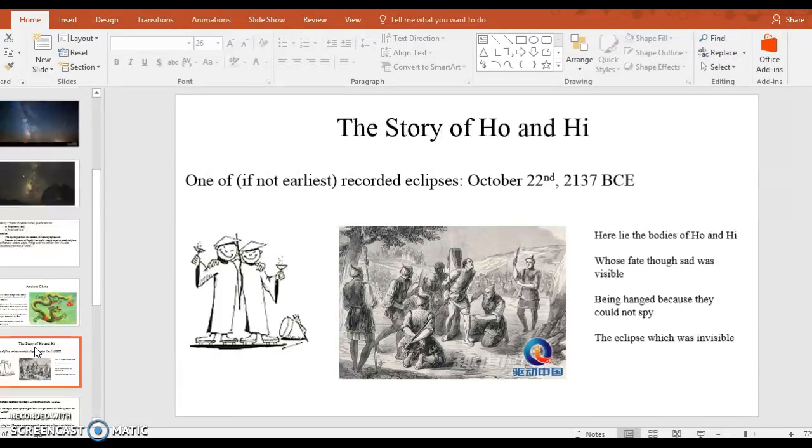So if you were not able to predict it and the emperor wasn't able to prepare himself accordingly, that was a very bad thing. So these two astronomers, Ho and He, were beheaded, according to legend, for not being able to predict the eclipse. Now, the eclipse that they did not predict happened in 2037 BCE, which means before Common Era, or BC, if you will.